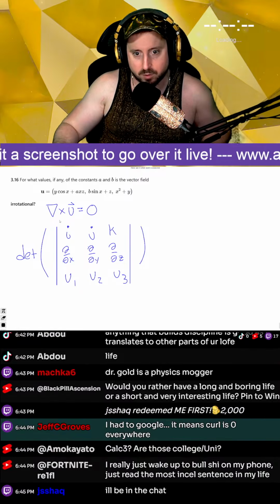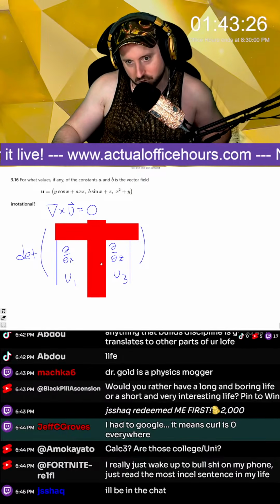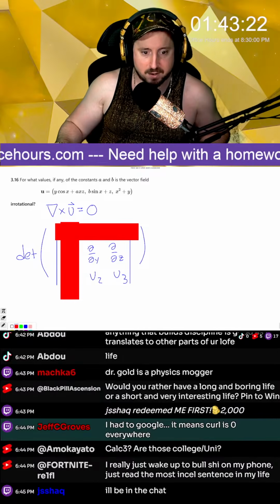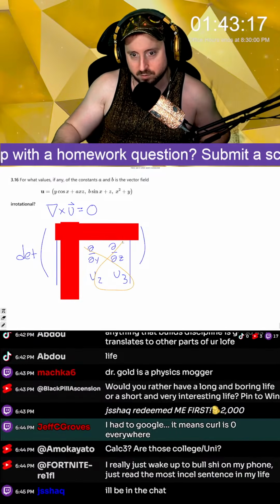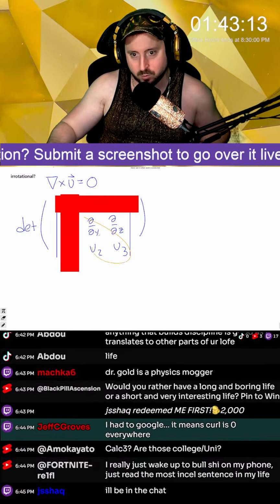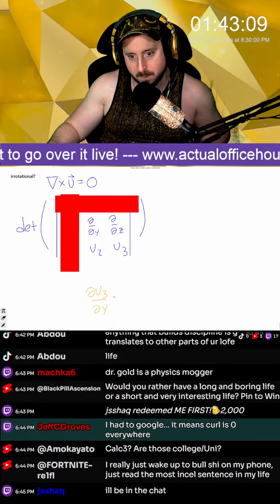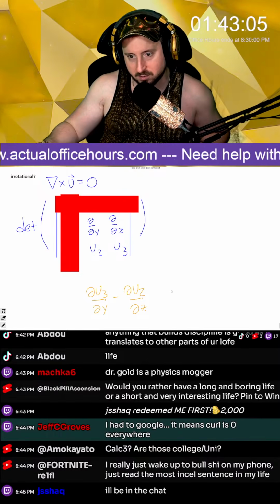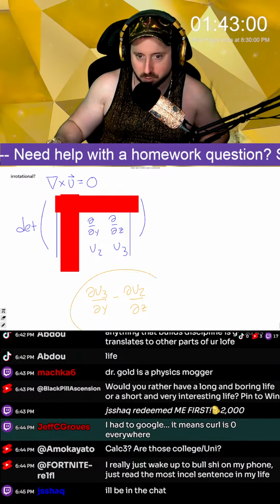It'll eventually look like a T, but just trust me for now. Then we take the determinant of this 2x2, which is du3/dy minus du2/dz. You go this one minus that one. That's the first part.